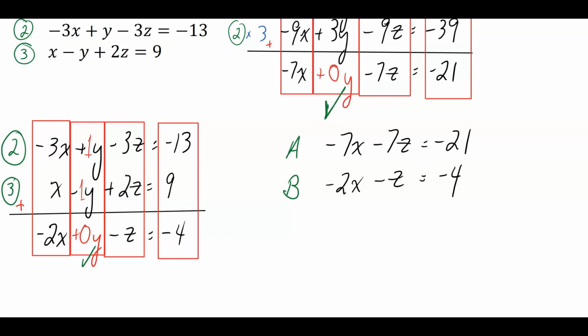Now this will take you back to the first time you studied the elimination method. And now I want to eliminate either the x or the z. And so I can do either, it doesn't matter. If I want to eliminate the x, then I need to make the coefficients match. And so I'd either have to multiply the first equation by 2 and the second equation by negative 7.